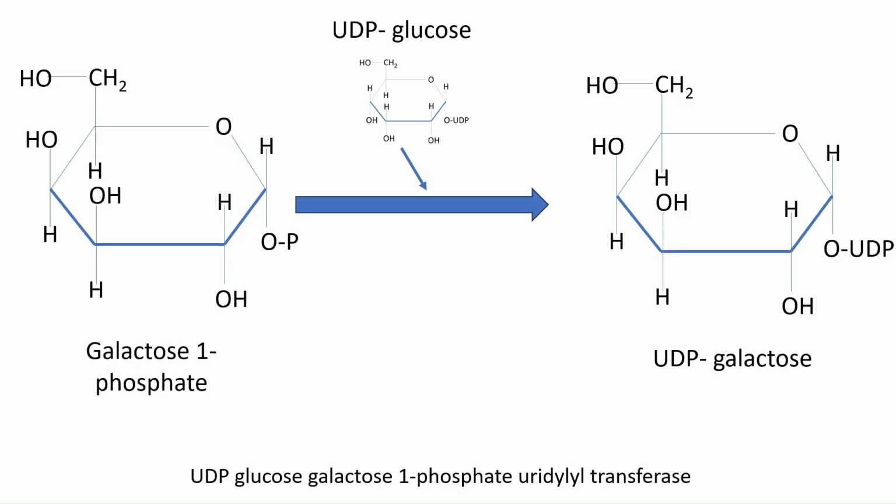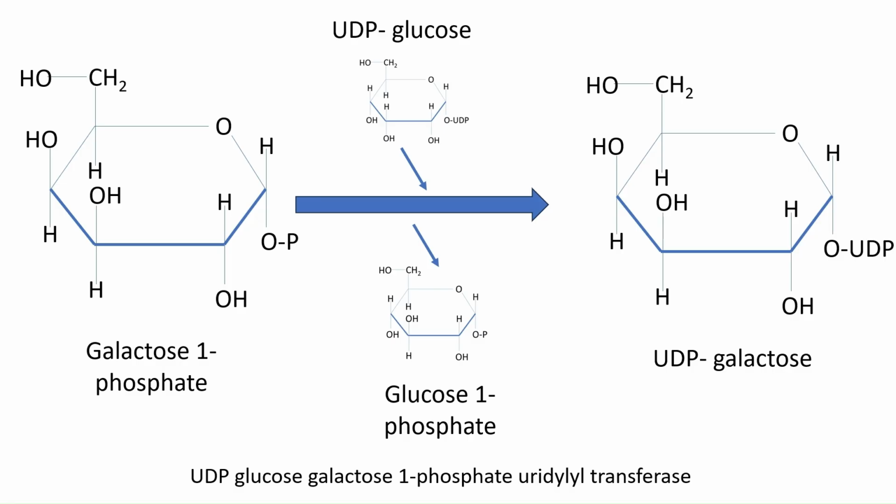So what happens is a UDP glucose is added to the galactose 1-phosphate, and glucose 1-phosphate leaves the enzyme and the UDP group is transferred to galactose.